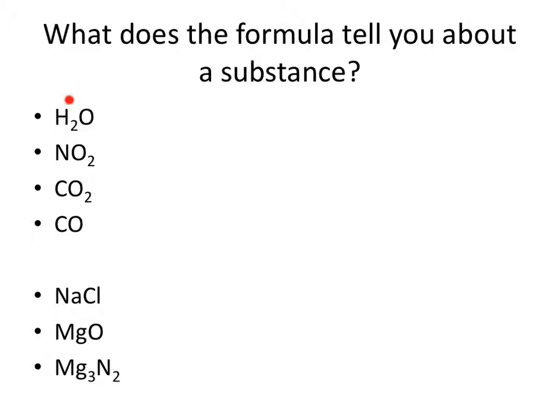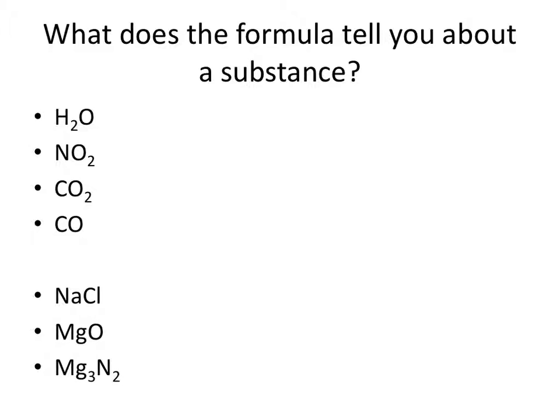Now water doesn't tell us very much, but even someone with a very basic knowledge of chemistry knows that water is H2O. Now this one, NO2, is called nitrogen dioxide. And so if I say to someone, we've got nitrogen dioxide here, that should immediately tell them that we've got some molecules here, and each molecule contains one atom of nitrogen and two atoms of oxygen.